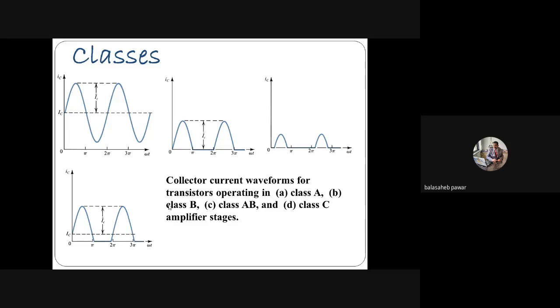Only as general knowledge, you should be familiar with that, and that's why the efficiency of class B is almost up to 78%, as the conduction angle is less than 360, as it is 180 degrees. Then for class C, yesterday also I told its efficiency will be maximum because the conduction angle is minimum, and hence the power dissipation will be minimum. And for class AB, it will be between 50 to 75%.